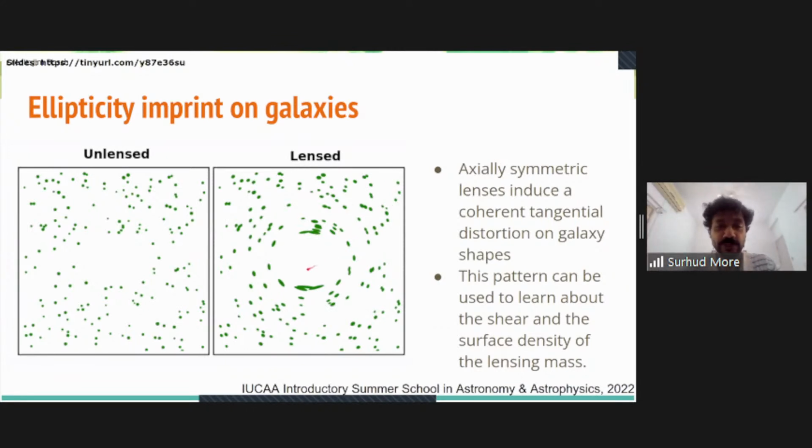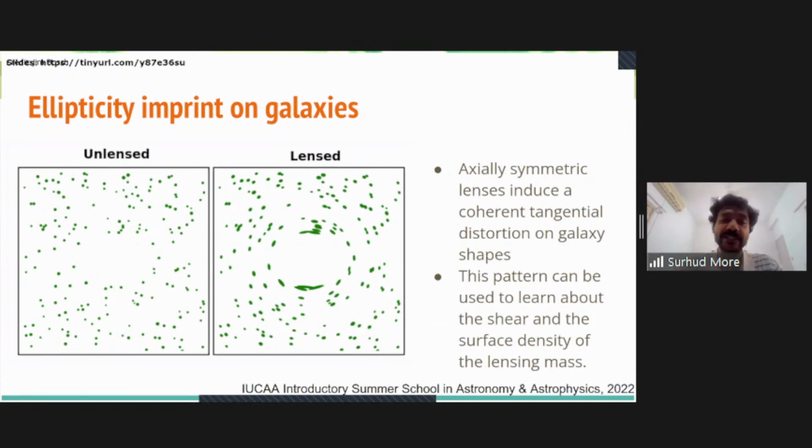This is the first thing to remember. The second thing is the pattern of the ellipticities that get imprinted. So if you have a circular axially symmetric mass, then it introduces a tangential ellipticity pattern. So all the shapes get oriented tangentially with respect to the mass that is kept at the center of this distribution of galaxies.